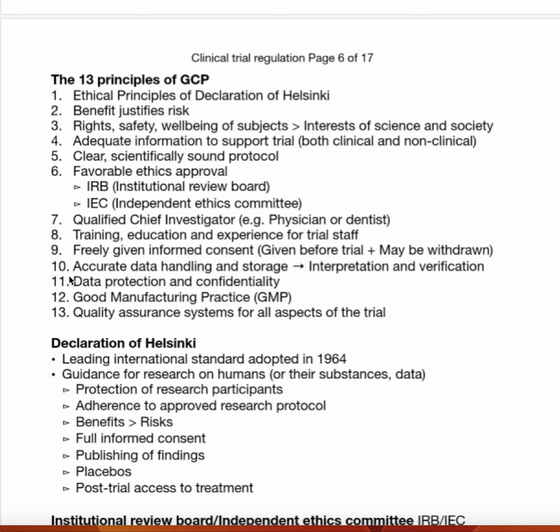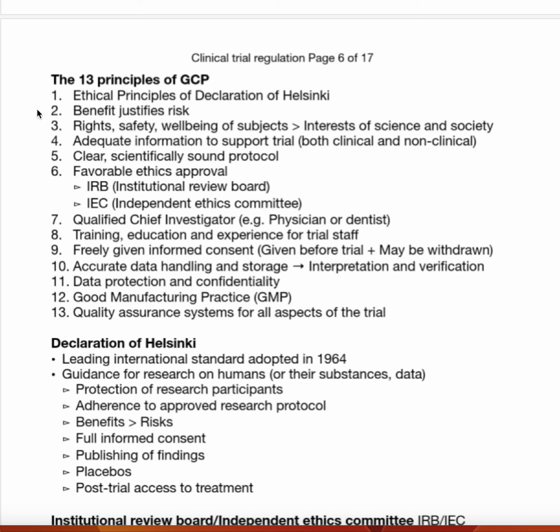But these are by the order, but you can group them. Like this first one, ethical principles of the Declaration of Helsinki, and I think it's related also to valid ethics approval from the institutional review board and also the independent ethics committee. I think they are related to each other.